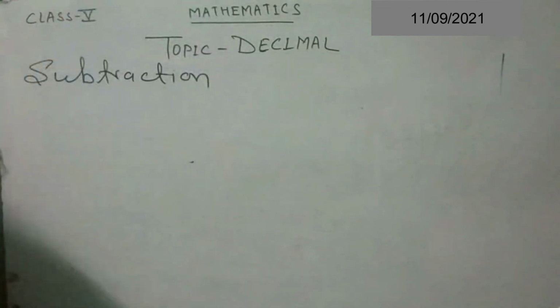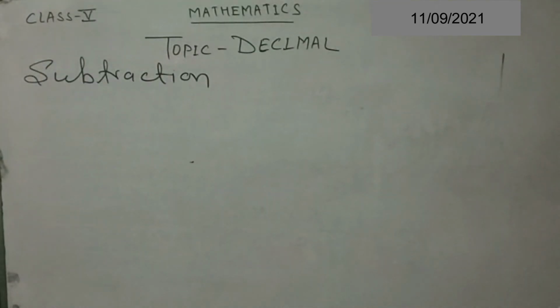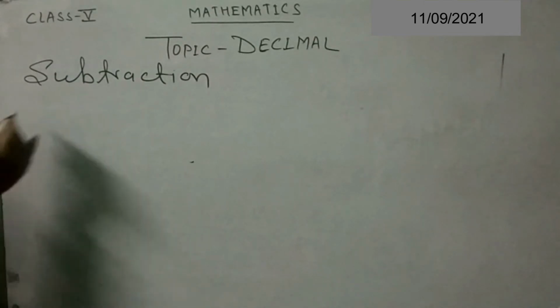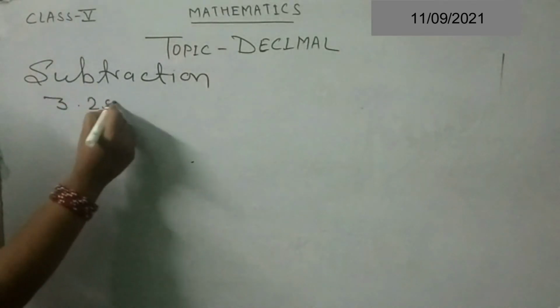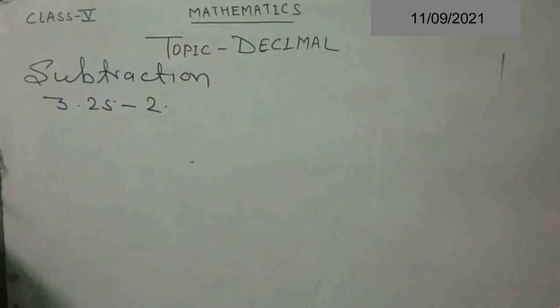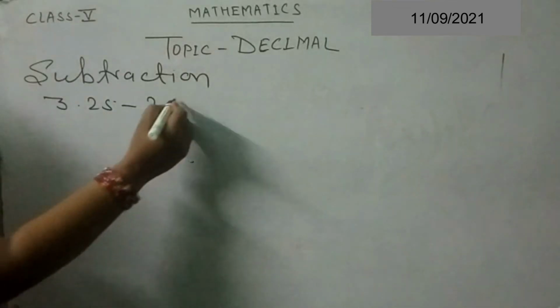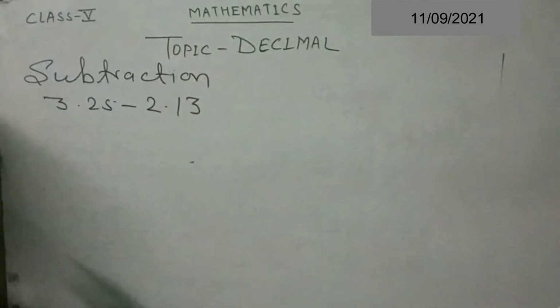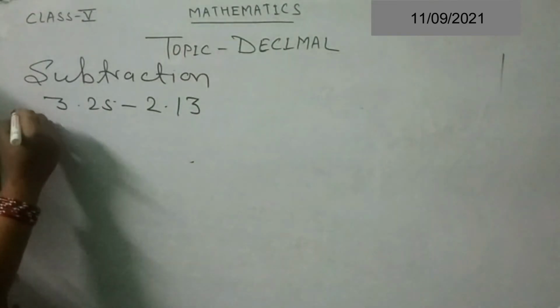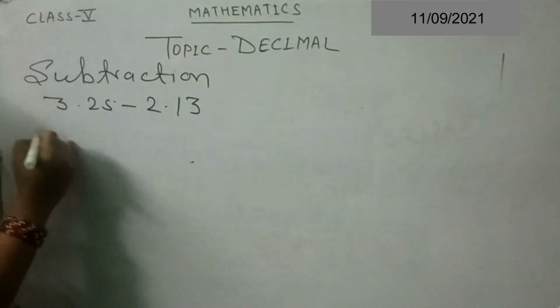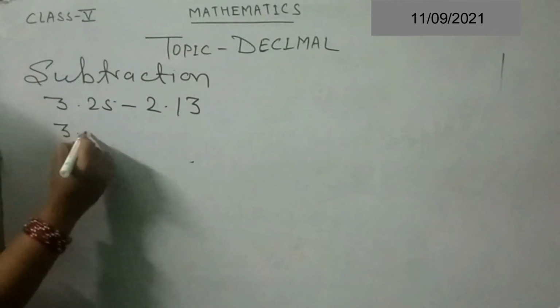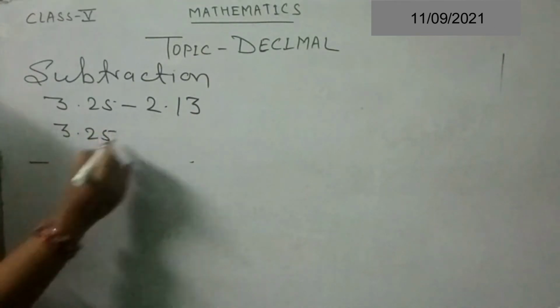But if I tell you to subtract the number 3.25 minus 2.13, what do we have to do? First we write the same steps. You have to write the steps first. 3.25 minus what is written?